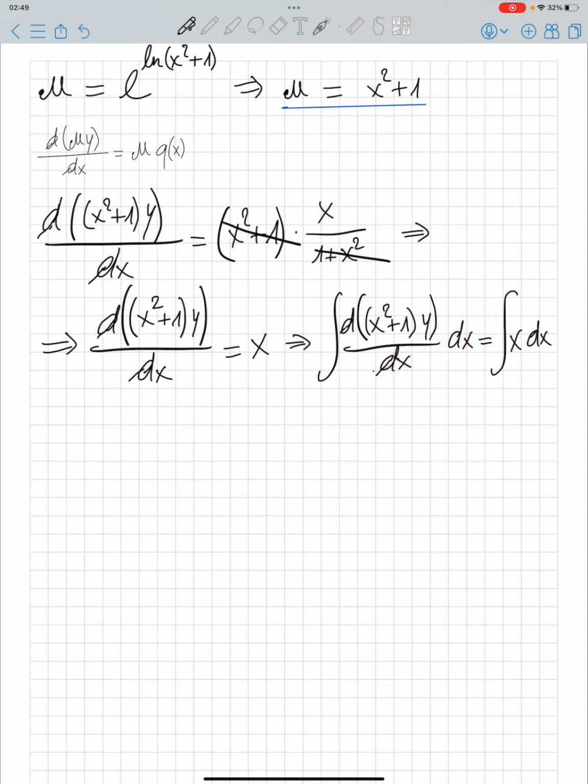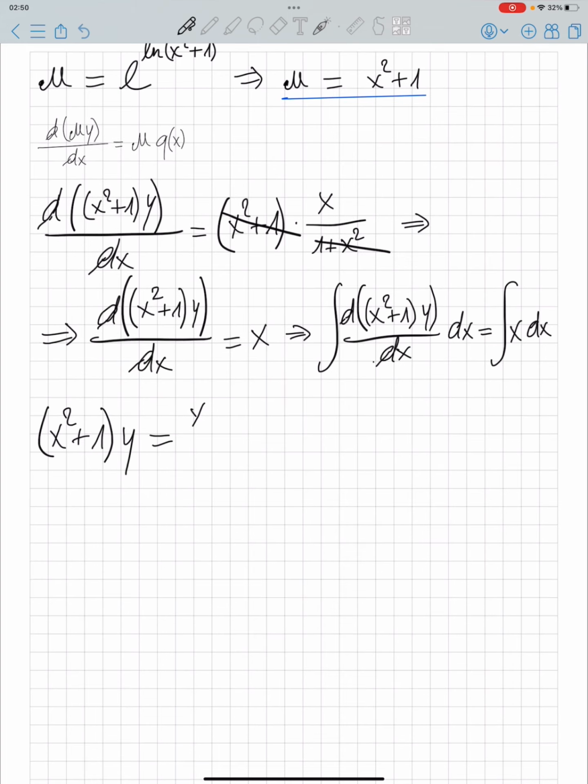So we're gonna be left with just (x squared plus 1) y on the left hand side, and on the right hand side the integration of x is x squared over 2, right? So x squared over 2 plus constant c, right?